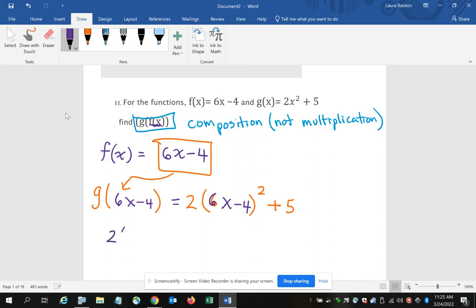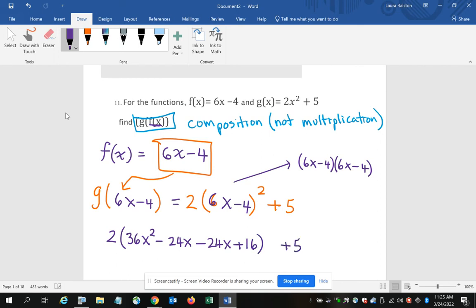So we have 2 times, and remember to square that, that is literally 6x minus 4 times 6x minus 4. Using FOIL, I have 36x squared minus 24x minus 24x plus 16, and then I still have the plus 5 outside.